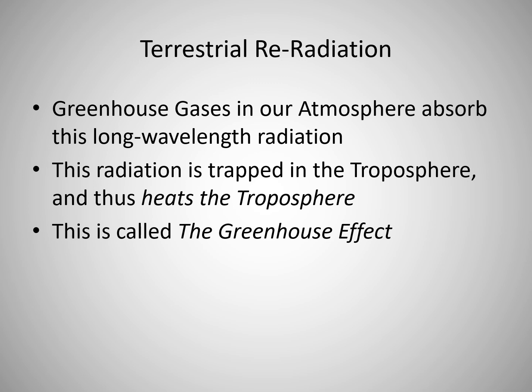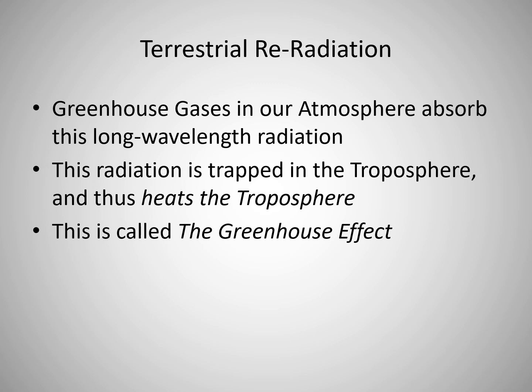Then the second step in this process is that the greenhouse gases in our atmosphere will absorb and trap this long wavelength radiation, and also to some extent reflect it back to us on the surface.